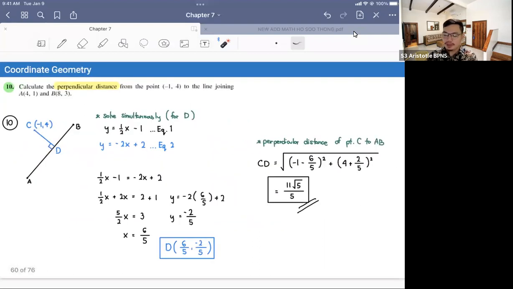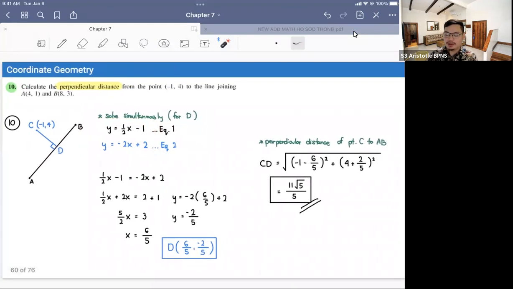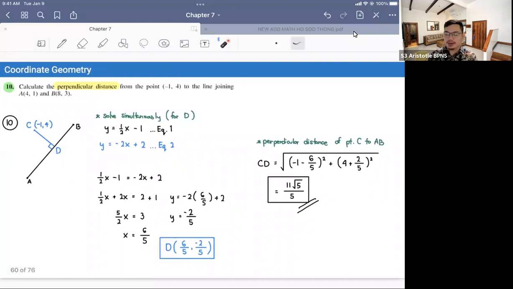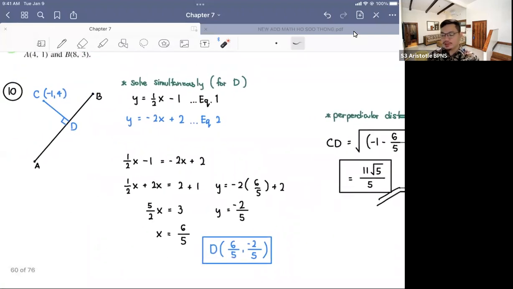So point D will be found by solving these two simultaneously. Basically what I did here is use the substitution method. Since these two are equal to each other, just write them like this because they're both equal to y, right? And then just solve for x.